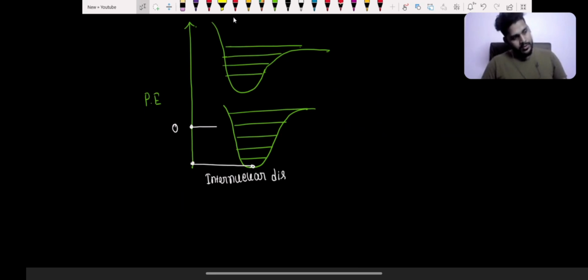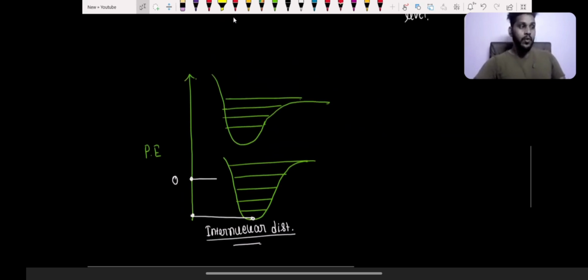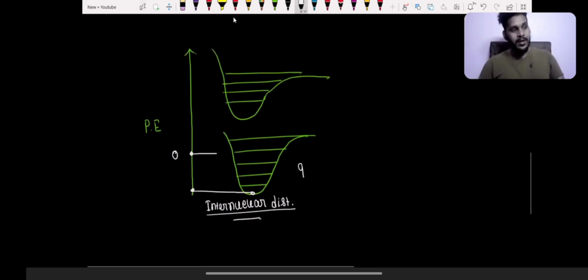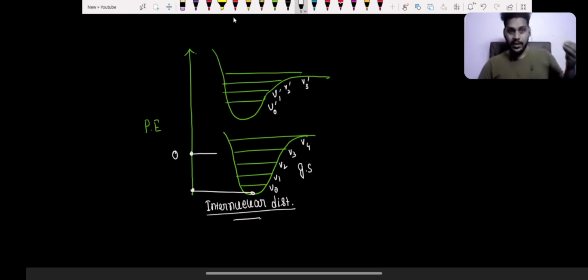So when I increase the energy, this is my ground state. This is V0, V1, V2, V3, V4, all the vibrational modes. Here it is V0 prime, V1 prime, V2 prime, V3 prime. These are the vibrational modes of energies in the first excited state, in the higher energy level.